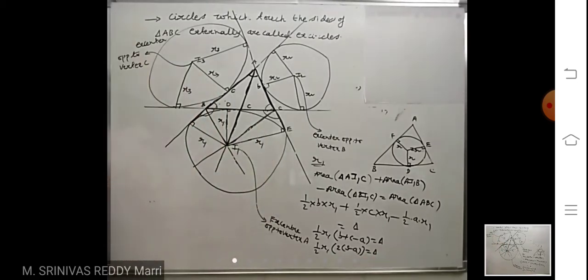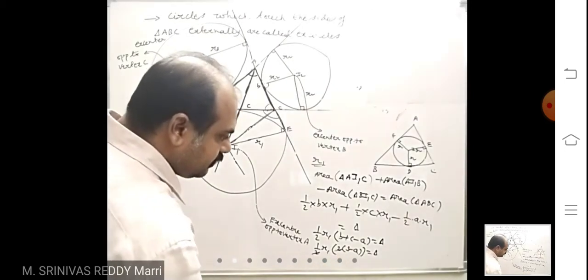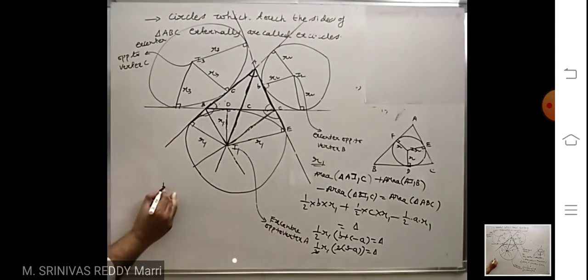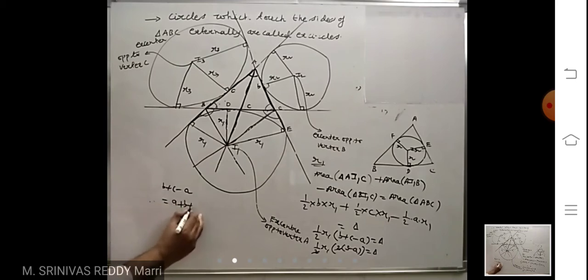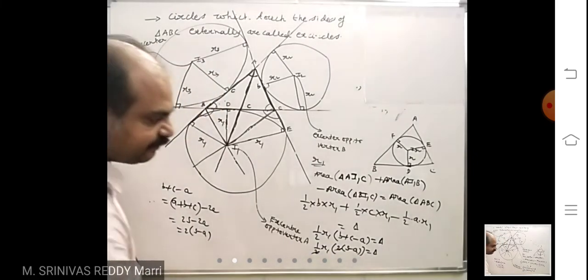Because b plus c minus a is a plus b plus c minus 2a, which is 2s minus 2a, that is 2 into (s minus a).